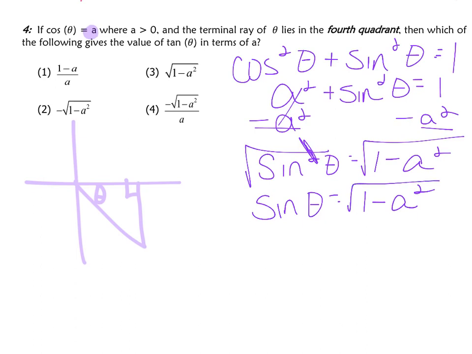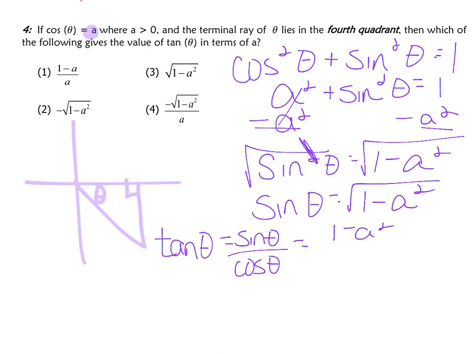Interesting. So if I'm now going to find my tangent of theta, which is the sine divided by the cosine. Well, I now know my sine. It's the square root of 1 minus A squared over my cosine, which is A. So that is choice. Ooh, interesting. My choice is not there. Did I mess up?